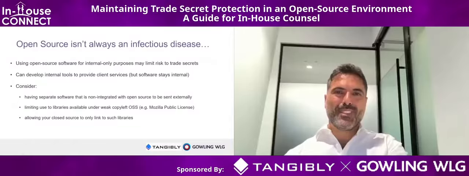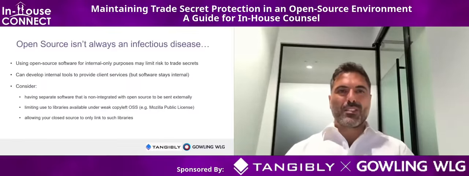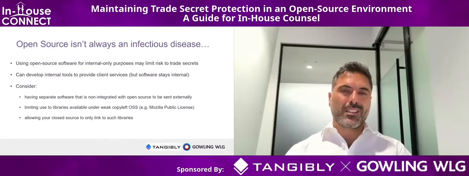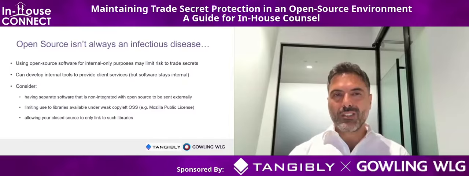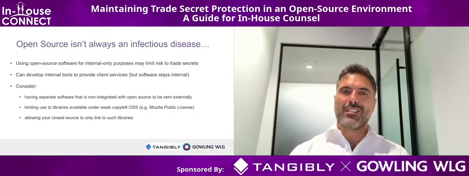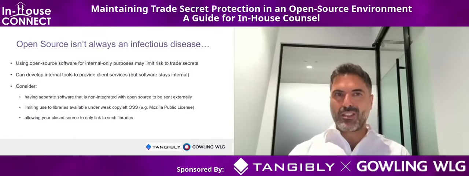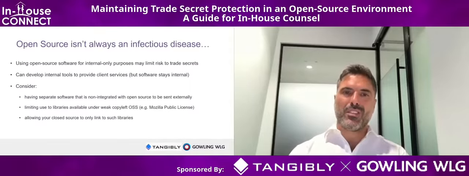Yep. Let's move forward. So just in closing for open source, using open source software for internal only purposes, like I said, may limit risk to your trade secrets. So in that sense, it's not always viral. So the copyleft does not always apply, but take note of certain copyleft licensing terms, which even require you to make it open even if your use is internal, as I just mentioned.